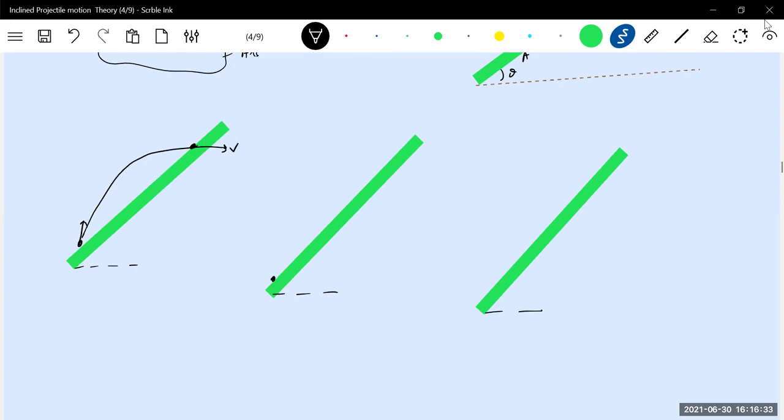Or the ball, when you project it, will strike normally also.